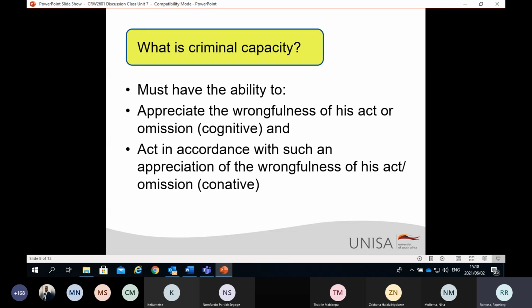We refer to the first leg of criminal capacity as X having certain insight or certain understanding. It is the cognitive aspect of X. And then we refer to the second leg of capacity as being the aspect of self-control or self-resistance, the ability to act with a certain understanding.